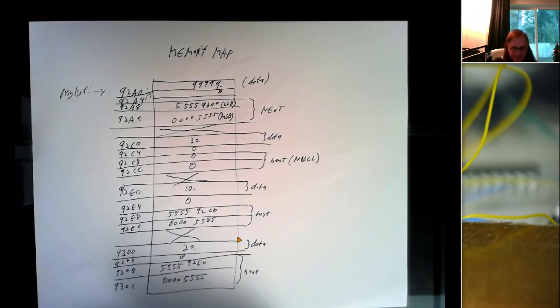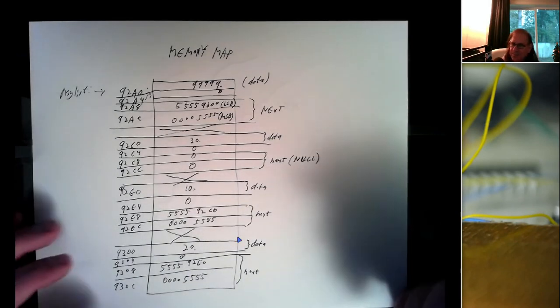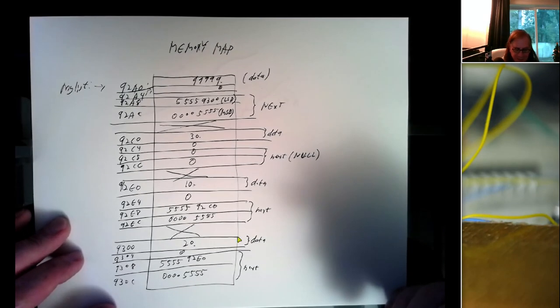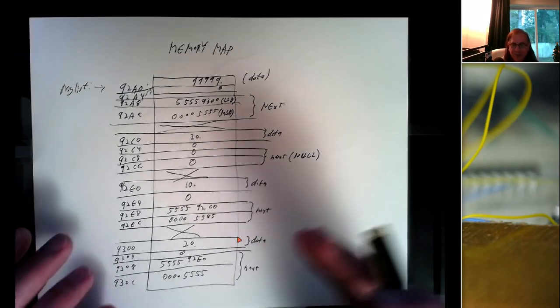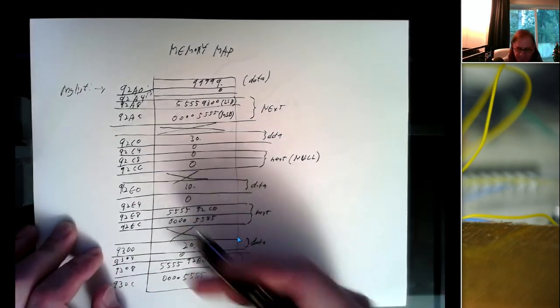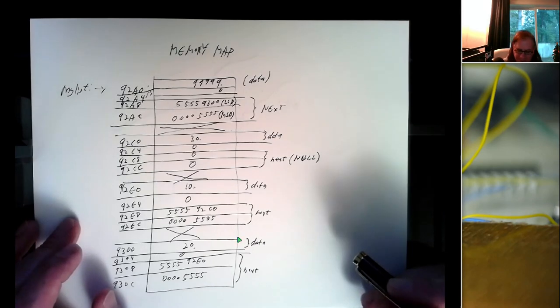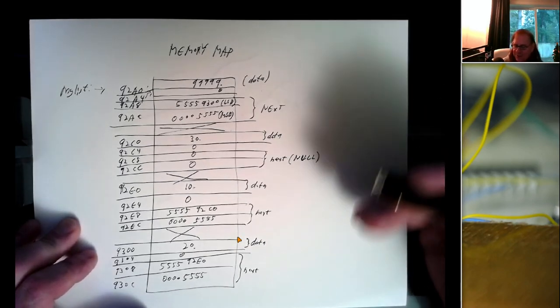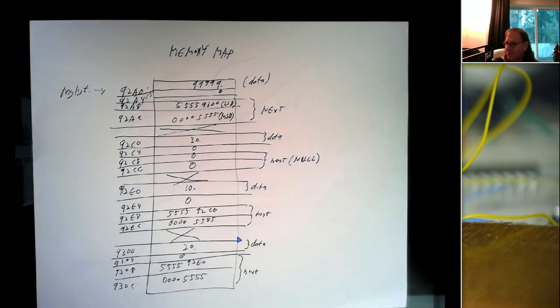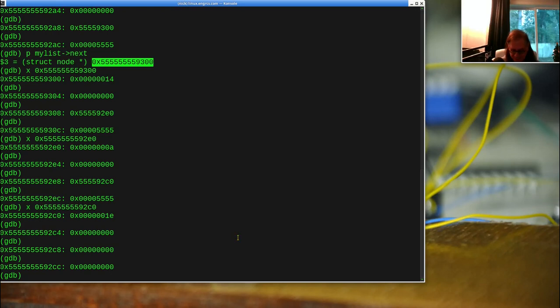And so as we're developing our functions to do searches, inserts, deletes, and so on, if things start going wrong, we can come back to our memory map and say, hey, where is this node pointing, what's pointing to that node, and so on. And if we do this carefully at each step, we'll eventually find out where something is happening that's different from what we expected.